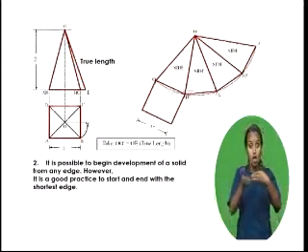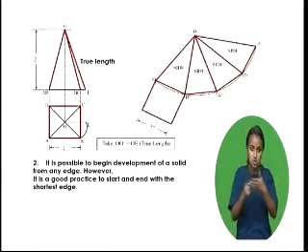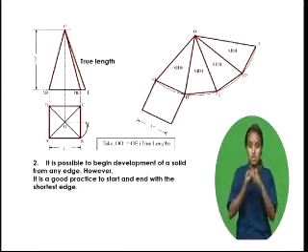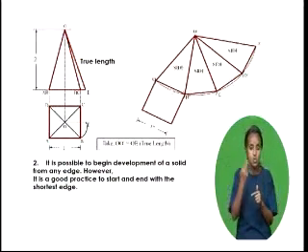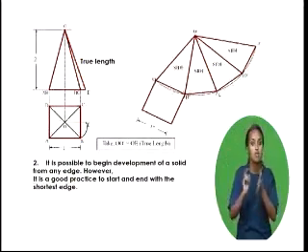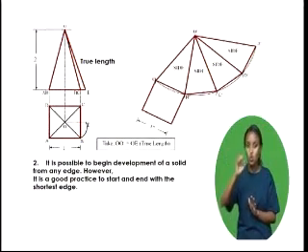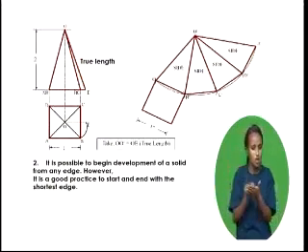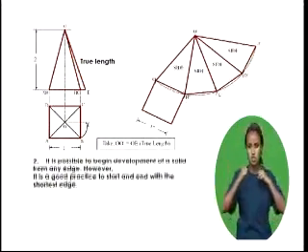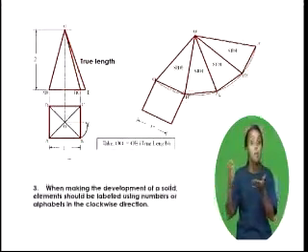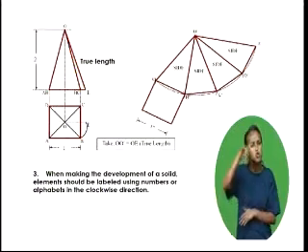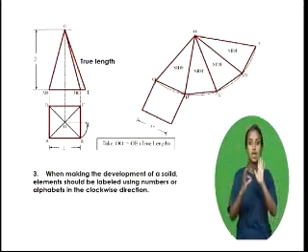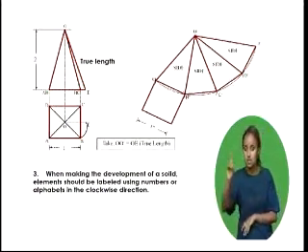However, it's good practice to start and end with the shortest edge. This helps to use fixing materials such as glue, soldering, welding, and riveting economically and give strength to the final product. When making the development of a solid, elements should be labeled using numbers or alphabets in the clockwise direction.